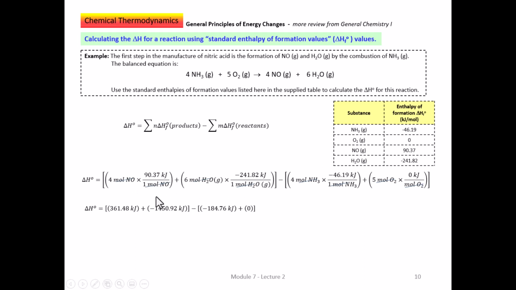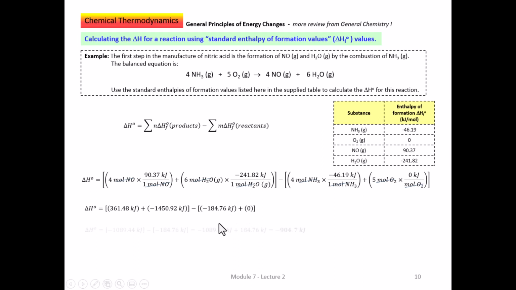So what I did was I kept the products in this bracket here, and the result from NO is 361.48, and I'm going to add the negative 1450.92 that I get from water, close the bracket, and I'm going to subtract the sum of minus 184.76 from the ammonia plus this 0.